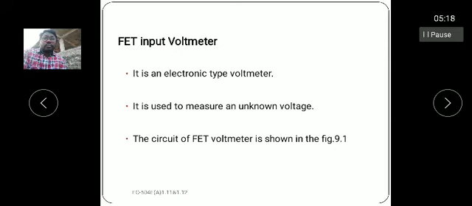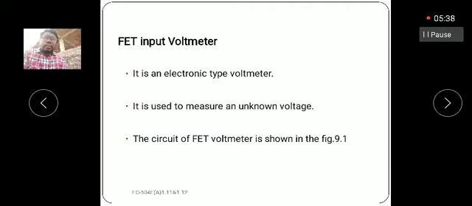Here we are using the FET as well as the BJT. The FET, the field effect transistor, is an electronic component, and the main electronic component we use here is the FET.